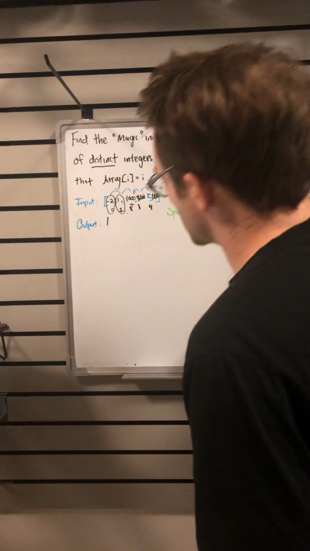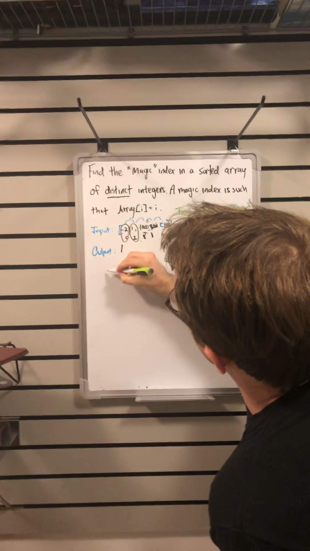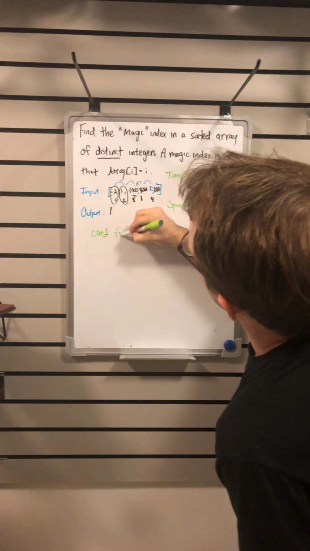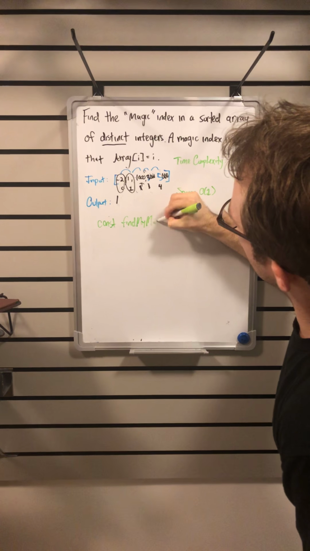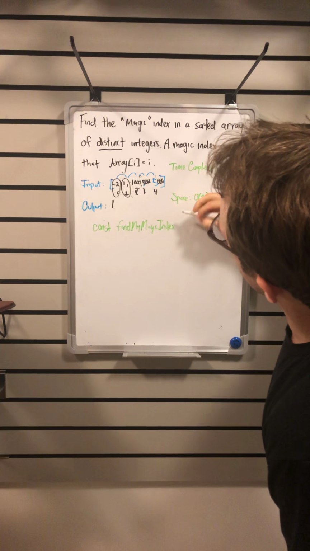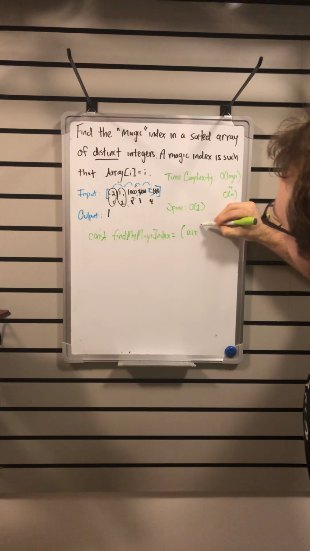Okay, so this is going to be called, let's see, say const. We'll say find my magic index. And this is going to be accepting an array.